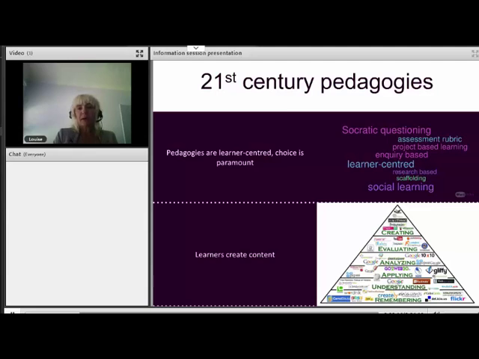So now we're talking about pedagogies, or the ways that teachers facilitate learning. We've got a little word cloud on the right, the types of learner-centred activities that are now better in the digital teaching and learning environment, such as Socratic questioning.